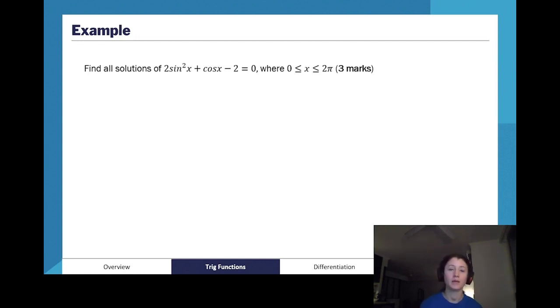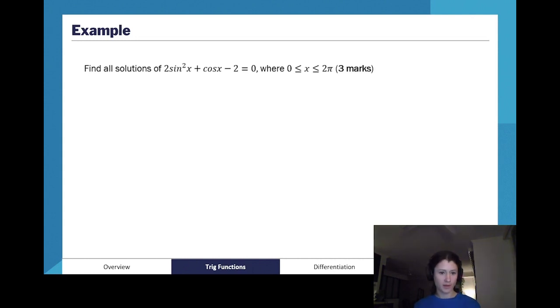But here we need to find the solutions of 2 sine squared x plus cos x take 2 equals 0 between 0 and 2 pi. What we need to remember to solve this equation is actually our Pythagorean theorem.